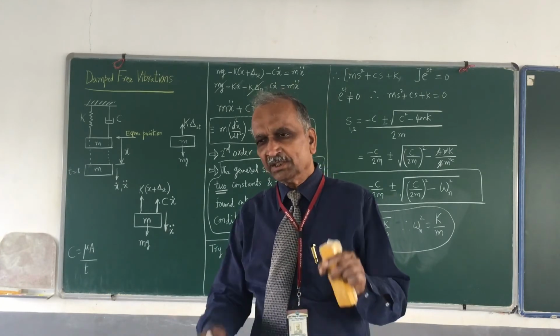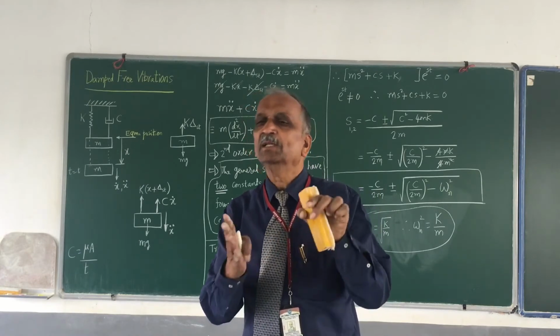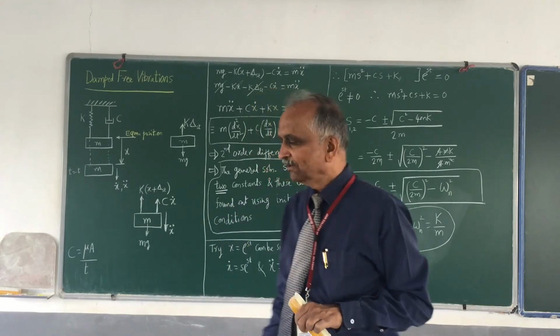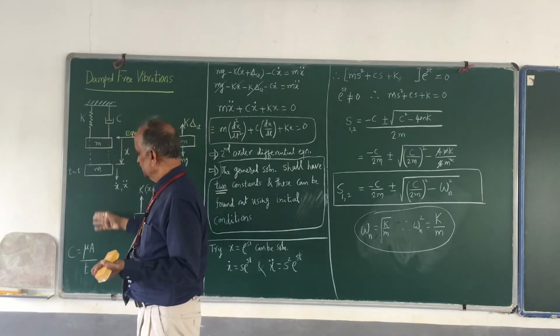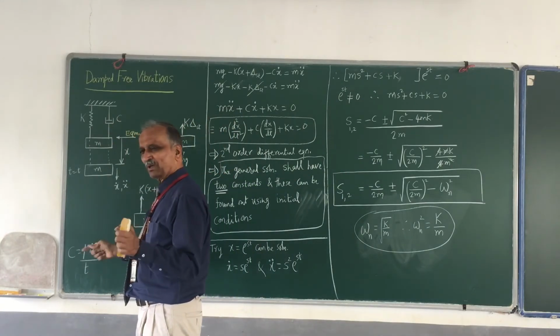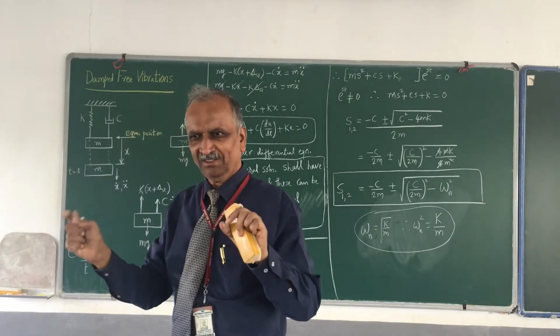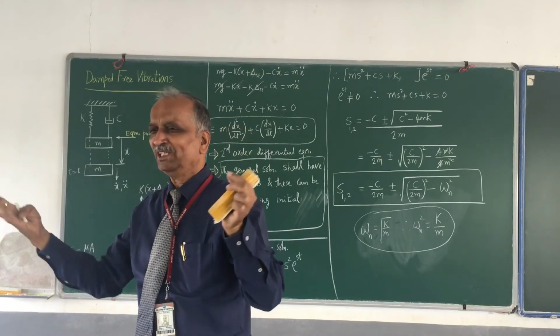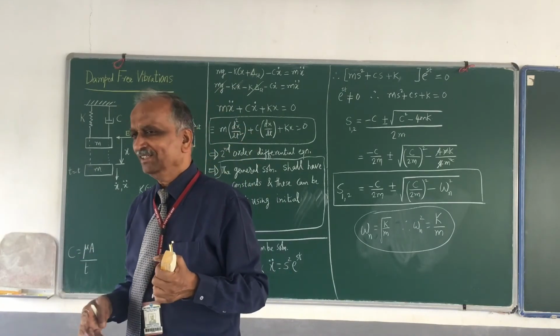And T is the gap between the fixed plate and the moving plate. All these are fixed for a given damper, for a given dashpot. Probably I had shown you what A and T are. For a given dashpot, usually you can't change them unless you change the piston, cylinder, etc.